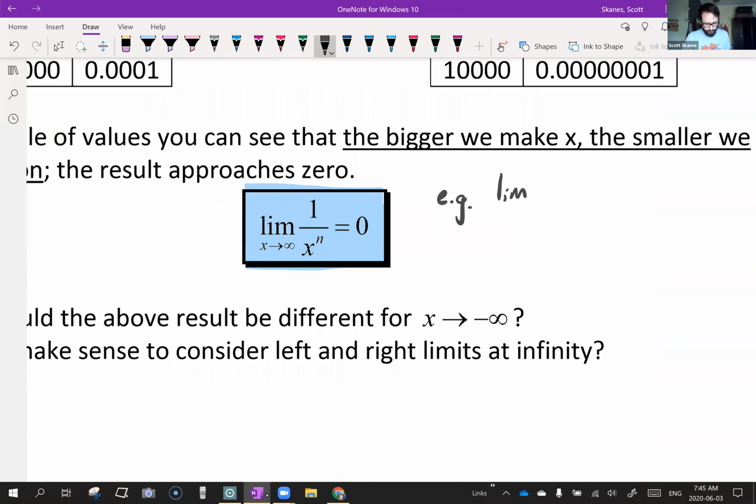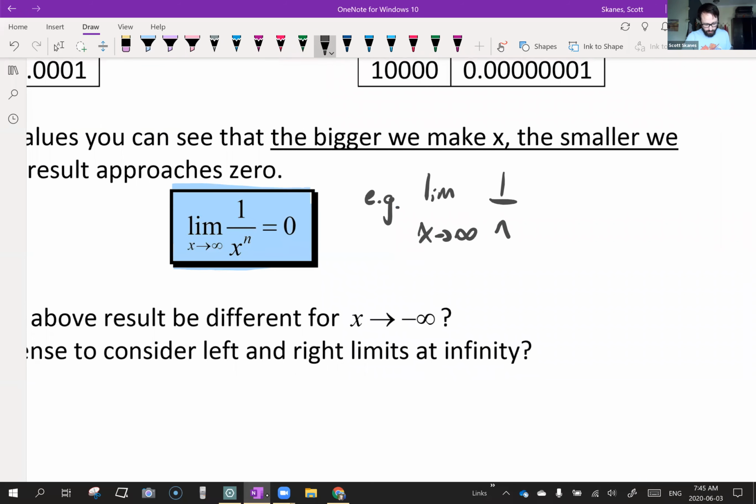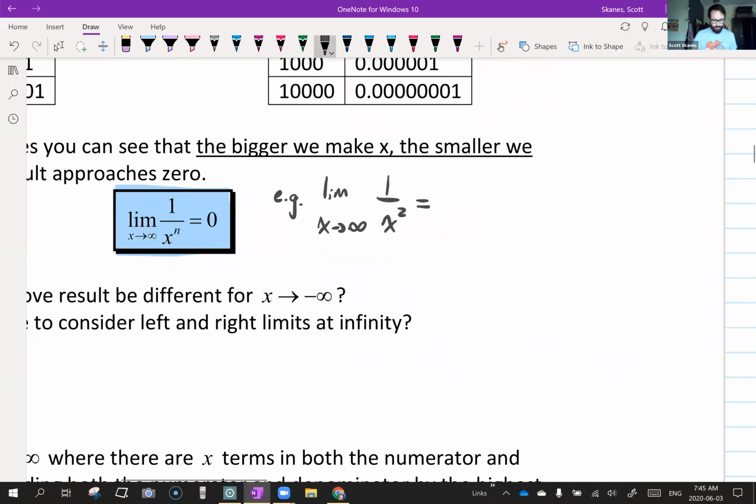Let me give you an example. What's the limit as x approaches infinity of 1 over x squared? Well, it doesn't matter what that x is. What matters is it's 1 over some giant number, some big positive number. So maybe that number is, I don't know, 99999999999. You can just put it in your calculator if you want. Make the biggest number possible. Set up a fraction and just say 1 over 99999 squared, because that's basically infinity squared, right?